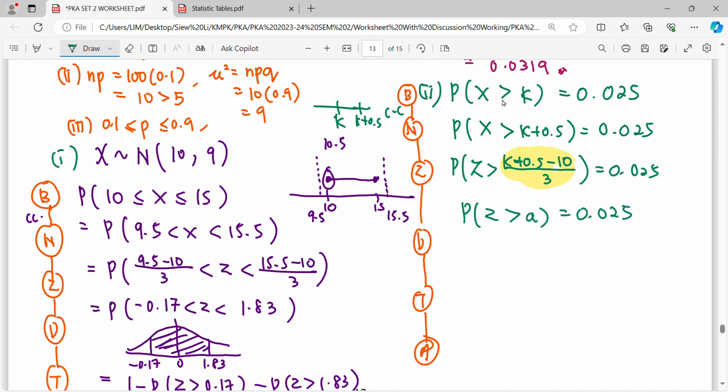Then how do we draw this? We have to guess what our Z score A is, whether left hand side or right hand side. Left hand side is negative, right hand side will be positive. So when we guess A, if it is on the left hand side, negative, can the area more than that fulfill this value?